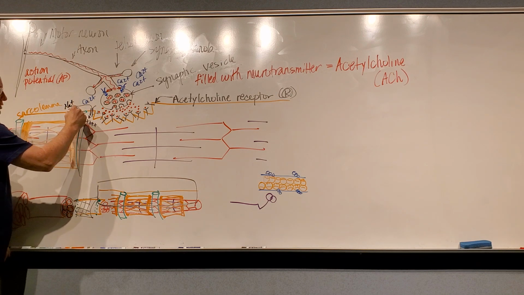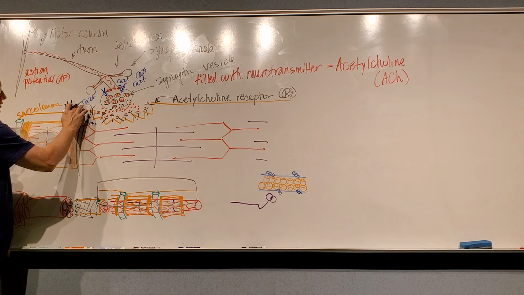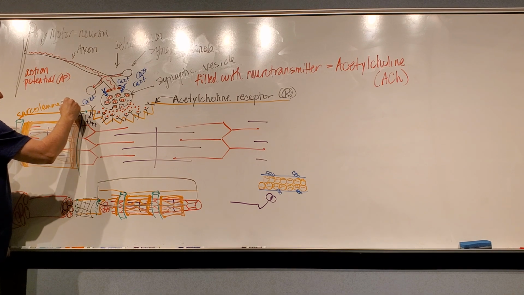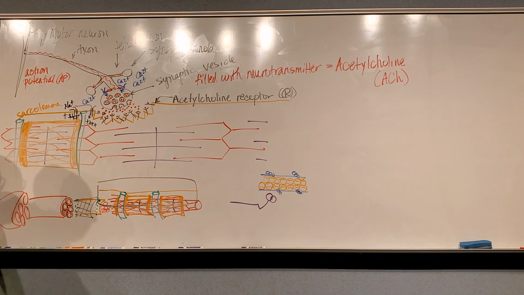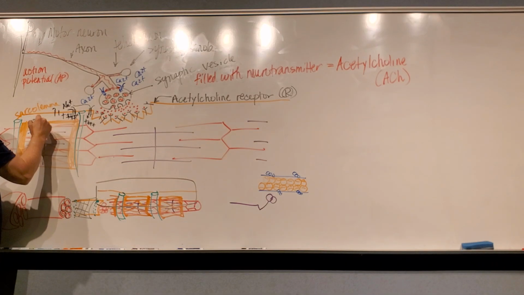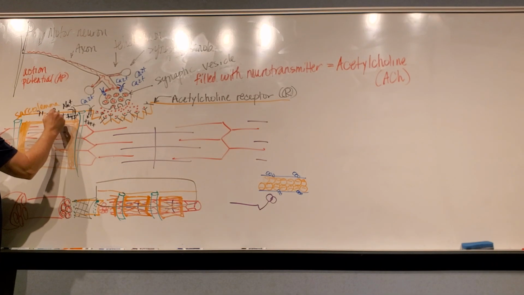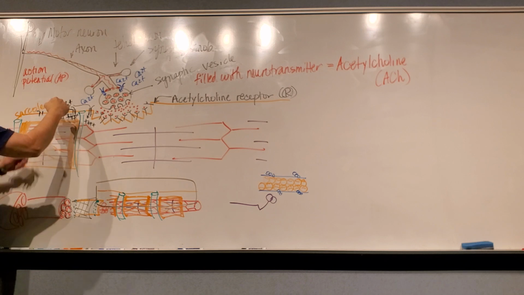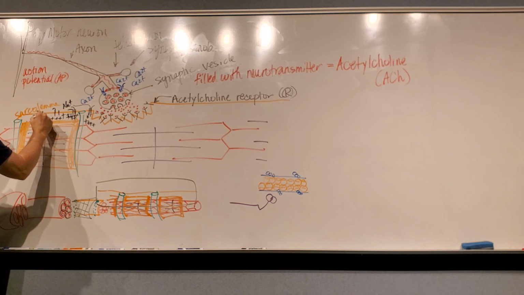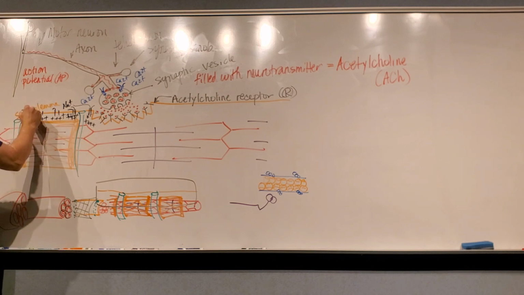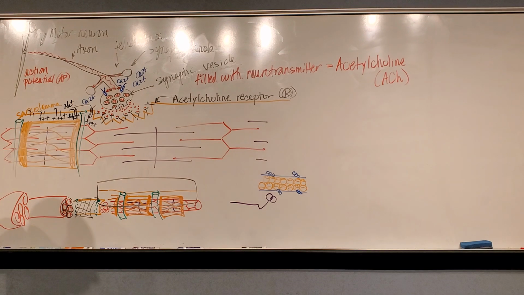And when the voltage hits these voltage-gated sodium channels, the right amount, then they open and even more sodium will pour into the cell. And that will cause the next voltage-gated sodium channel and then the next one to open, and we can see how the voltage will diffuse into the cell, from areas of high concentration to lower concentration, hitting the next channel and so on and so forth.